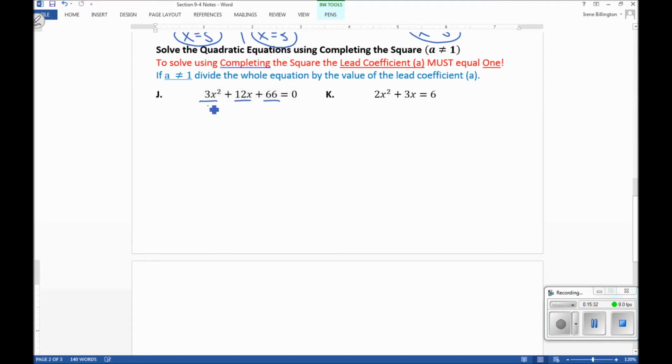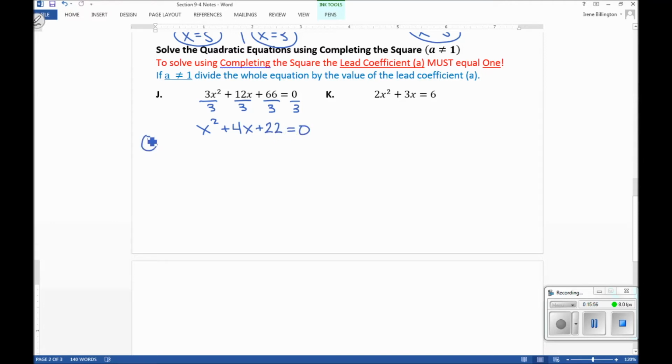So we're going to divide everything by 3. I want you to notice that your equation is equal to 0, so I could divide that by 3 too, but it's just going to be 0. All right, so my equation is x squared plus 4x plus 22 is equal to 0.